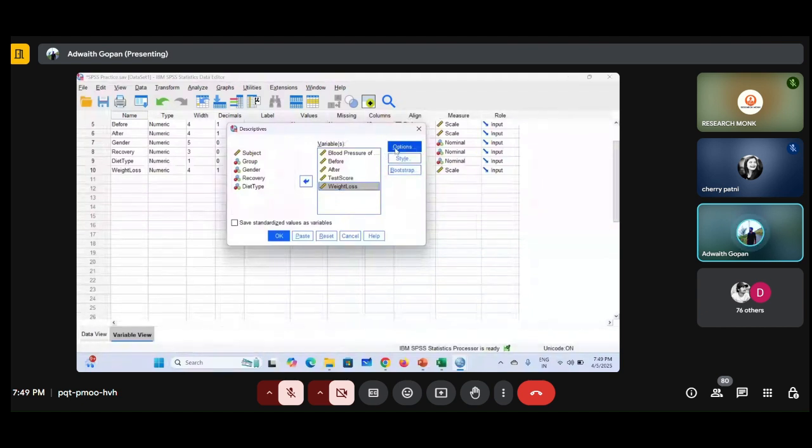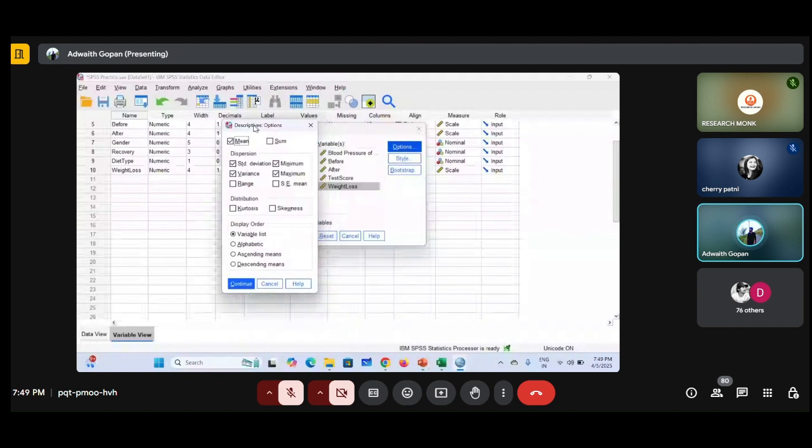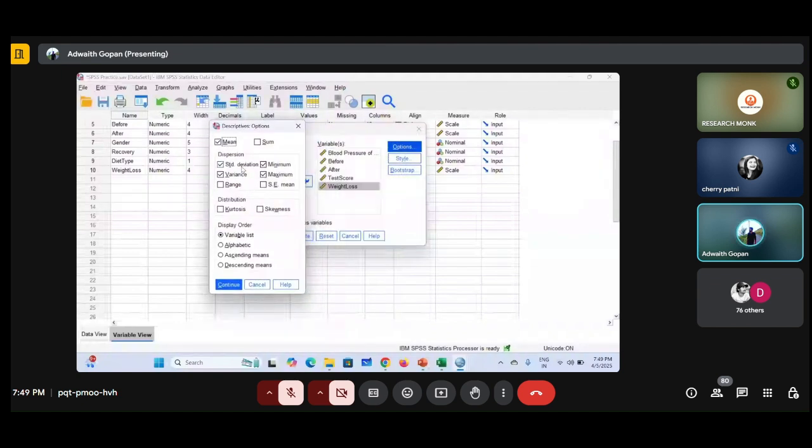And go to Options and select mean, standard deviation, variance, maximum, and minimum. You will get this interface by clicking Options.